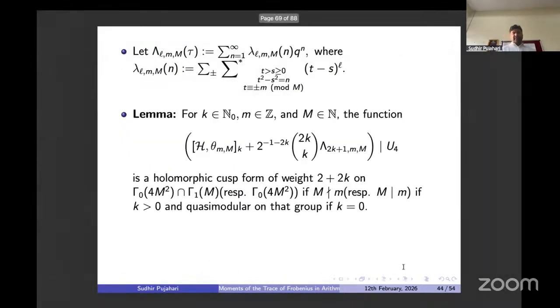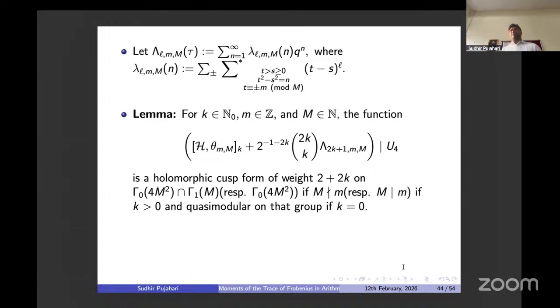And to do that, we have to look at the Rankin-Cohen bracket of the generating function of the Hurwitz class number with the theta operator. This idea is mainly due to Mertens, who was trying to prove a conjecture by Cohen.